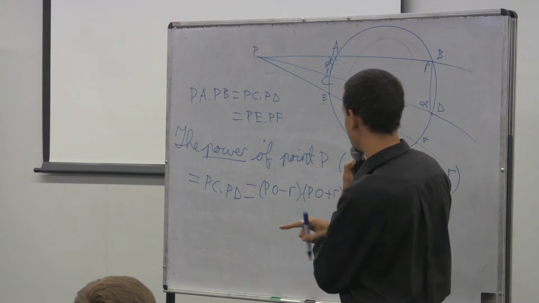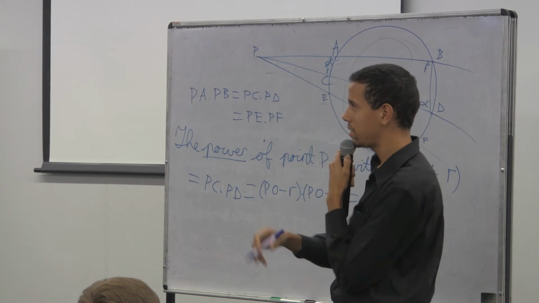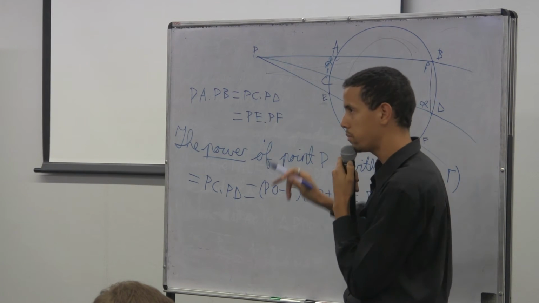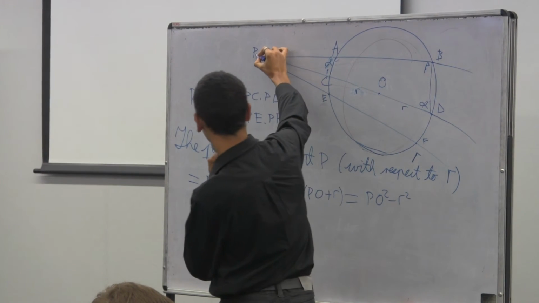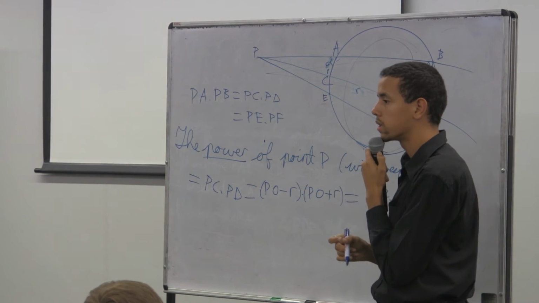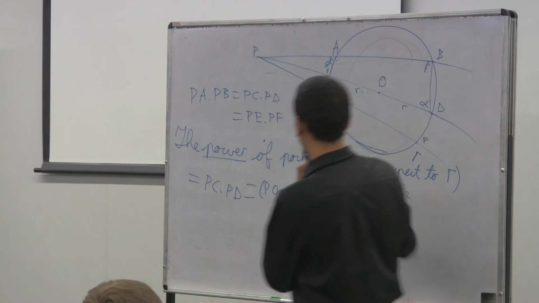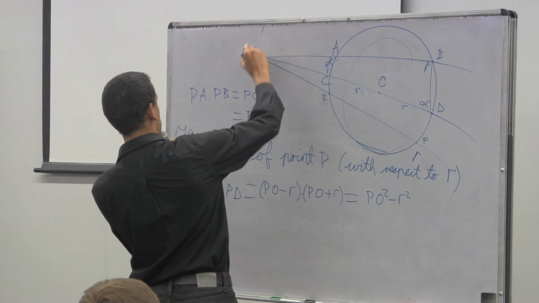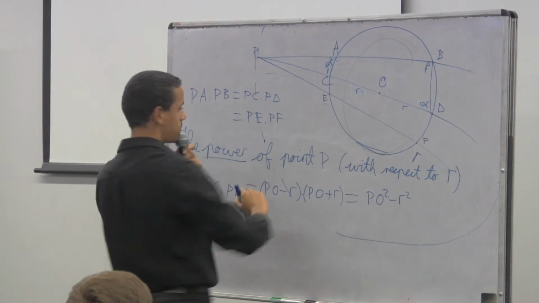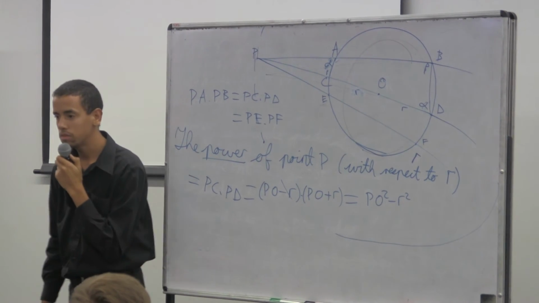So if I want to know all the points which have the same power as P, what will I get? A circle. So I'll get a circle that goes like that. Cool. You're learning cool stuff?